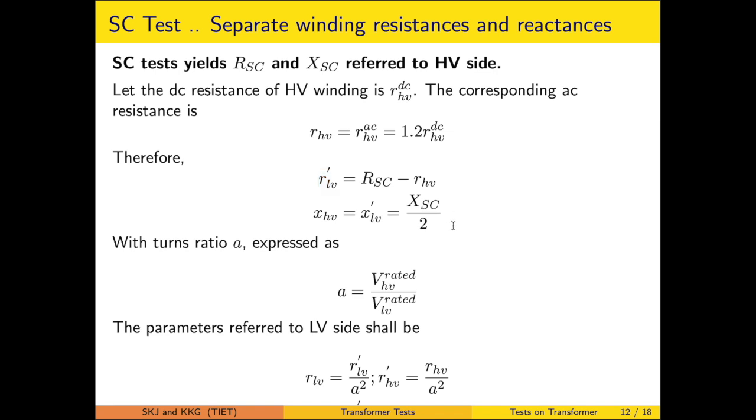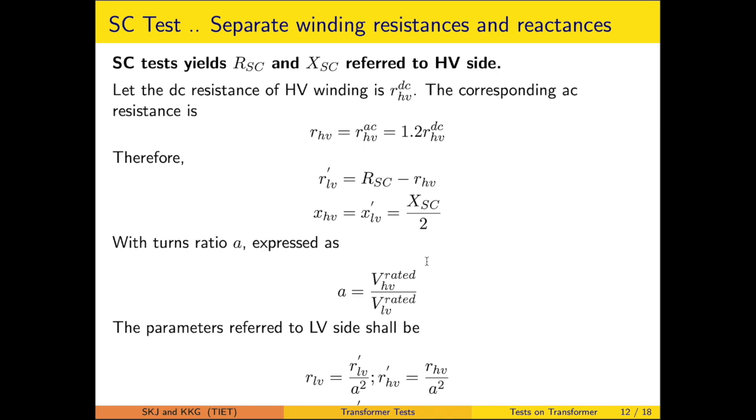There is no procedure to separate out the leakage reactance, and that precise information can only be supplied by the manufacturer. So we will be equally dividing the reactance on both sides. That's why XHV is taken as equal to XLV dash, and that value will be XSC by 2.